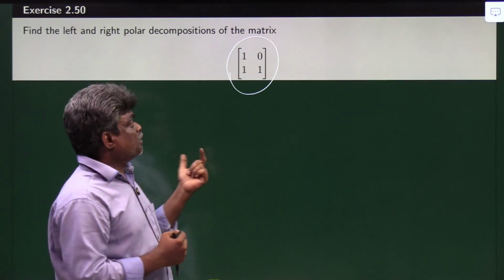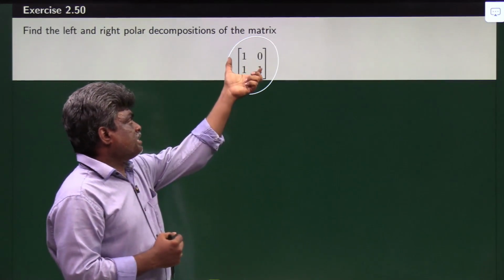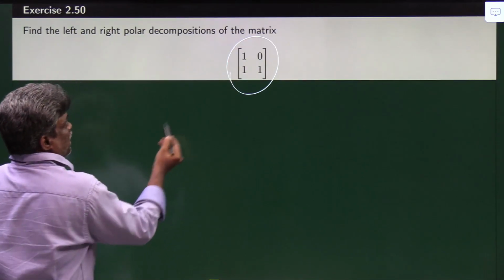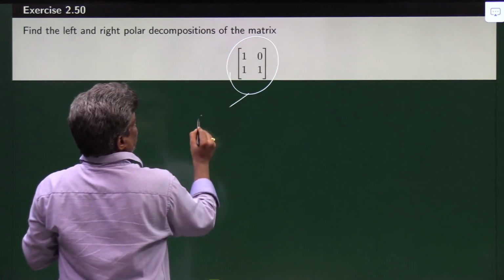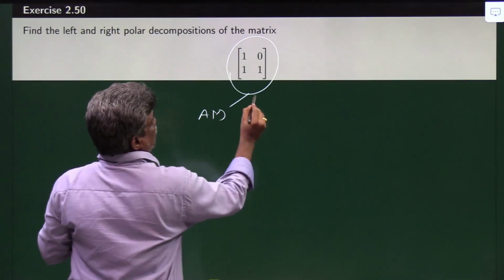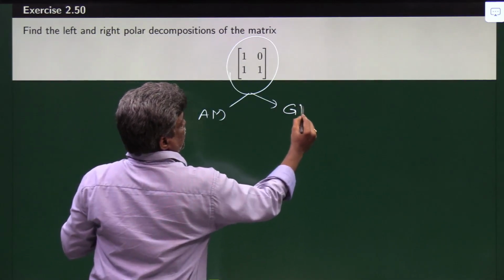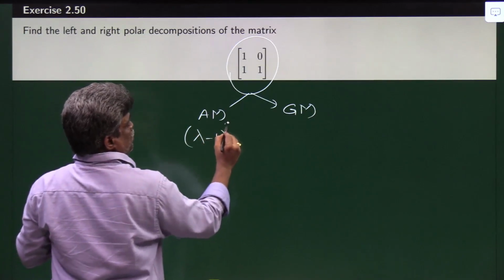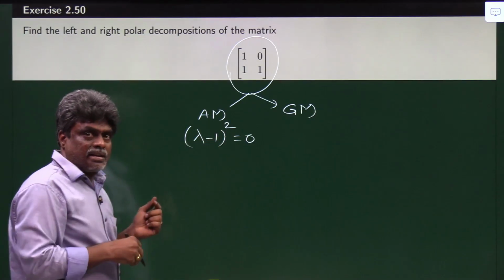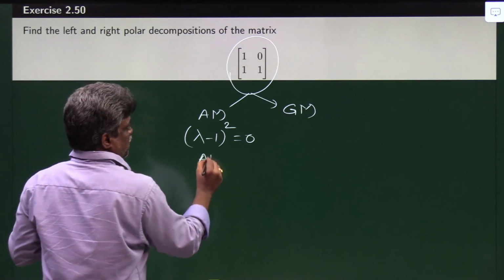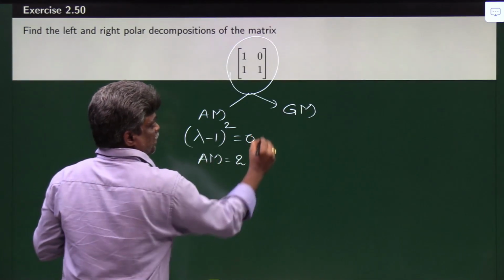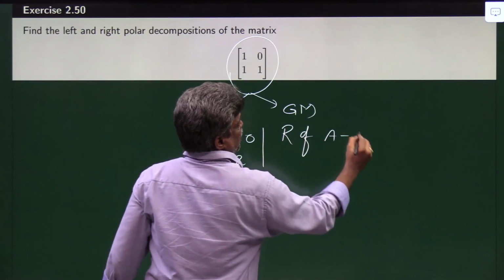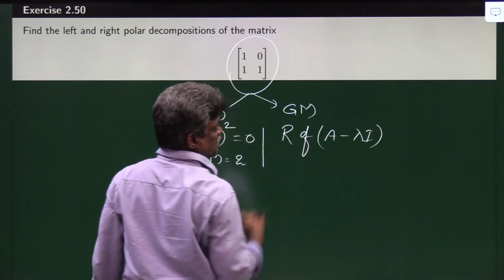In the meanwhile, earlier I already discussed why this is not diagonalizable. Here we have to find its algebraic multiplicity and here the geometric multiplicity. So the algebraic multiplicity: lambda minus 1 whole square equal to 0 is the characteristic equation. So here the algebraic multiplicity equal to 2. And the geometric multiplicity is nothing but the rank of A minus lambda I matrix.